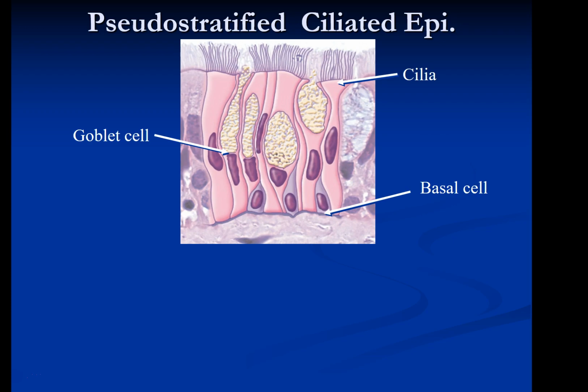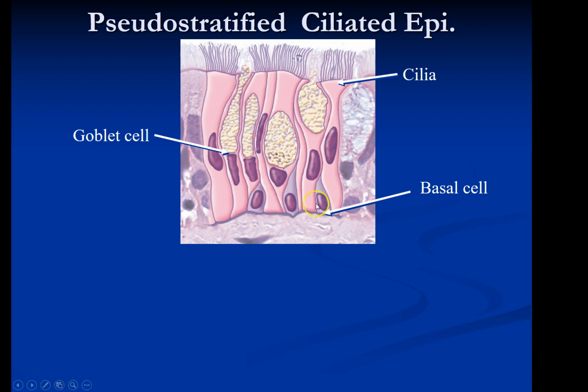Okay, so here's one that I didn't mention because it doesn't fit the rules. It's kind of that outlier, and it's called pseudostratified ciliated epithelium. And pseudo means not stratified. So here, when they stain it, the nuclei are easily seen.